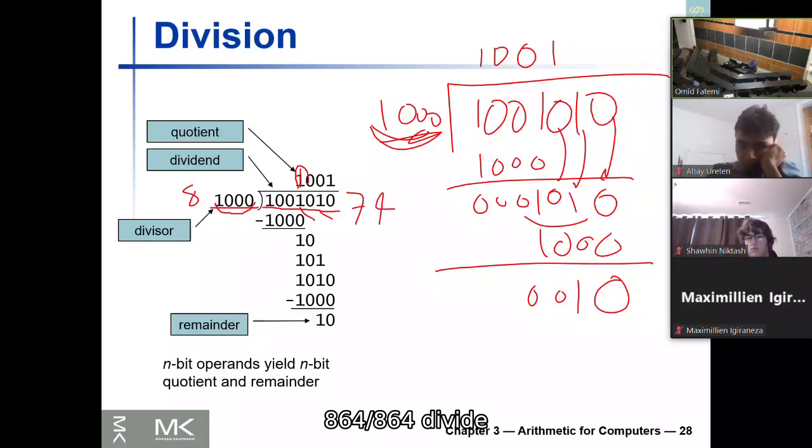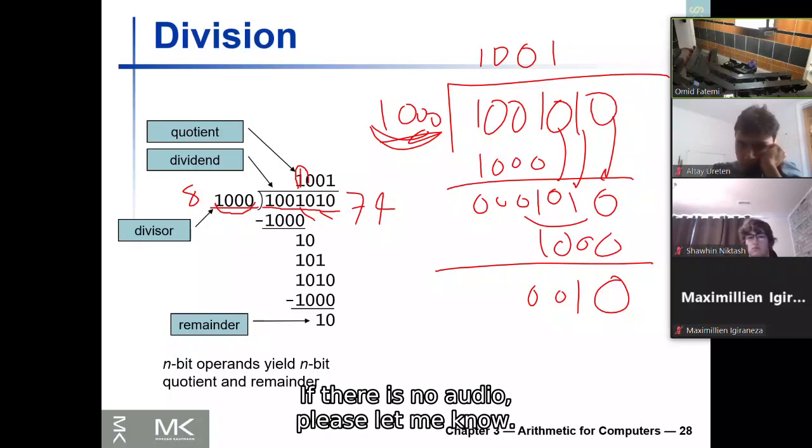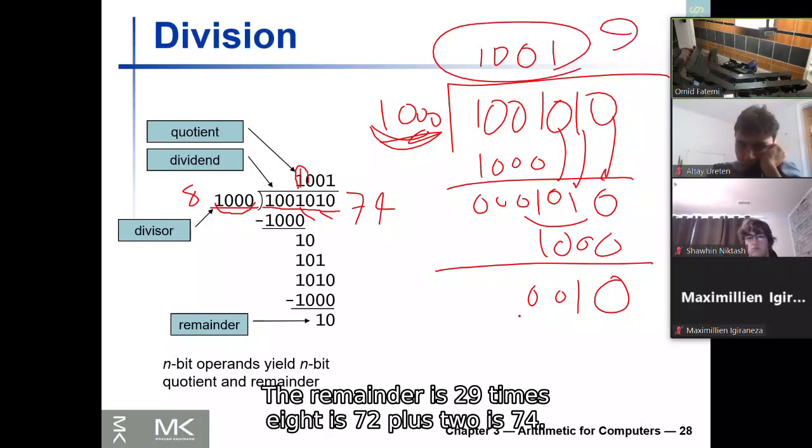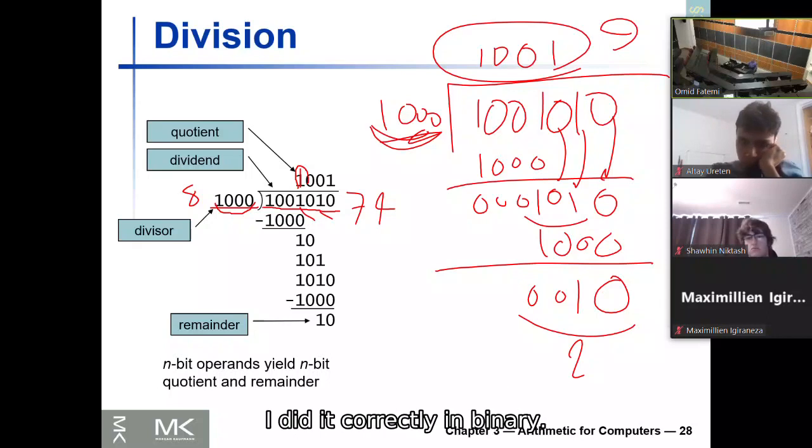So 74 divided by 8, the result was 9, the remainder is 2. 9 times 8 is 72, plus 2 is 74. So I did it correctly in binary. Sometimes it is hard to do that.